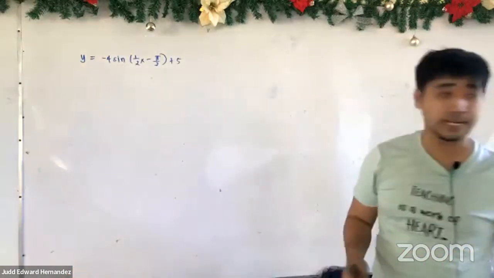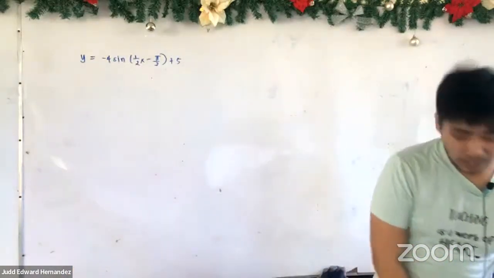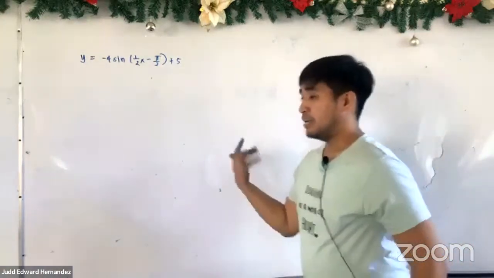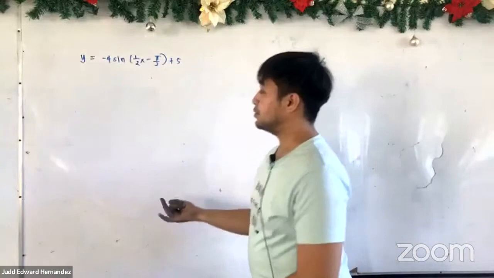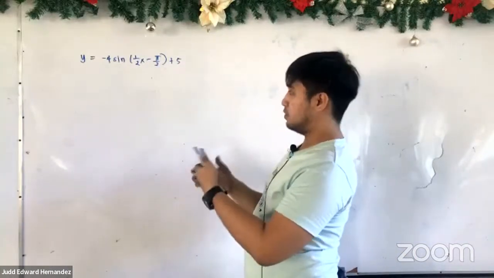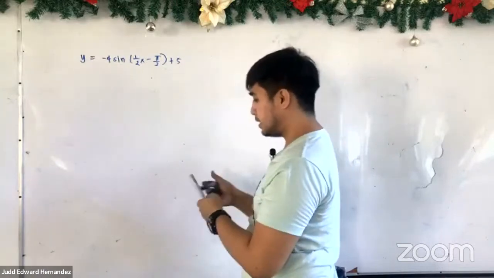Okay, solve na natin agad. Kung mapapansin mo lahat, nandyan na yung binigay kong equation kanina. Andyan na si amplitude, andyan na si period, andyan na si phase shift, andyan na si vertical shift. Okay, so isa-isa din po natin.